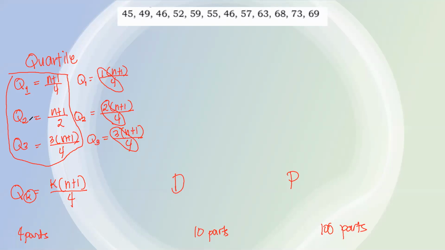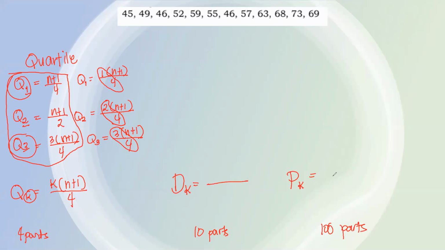Is it the first quartile, the second quartile, the third quartile? Is it the lower or the upper quartile? Okay? So that stands for pang ilang quartile po yung hinahanap mo. Dito naman, K stands for the number of decile. Pang ilang decile. Yung K naman dito stands for pang ilang percentile yung hinahanap.